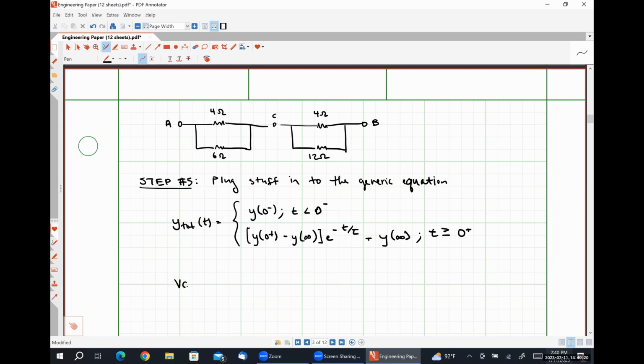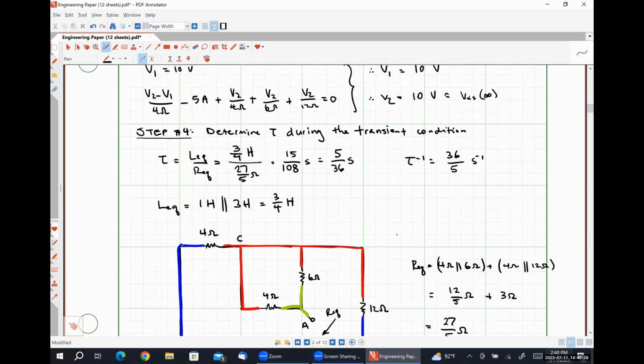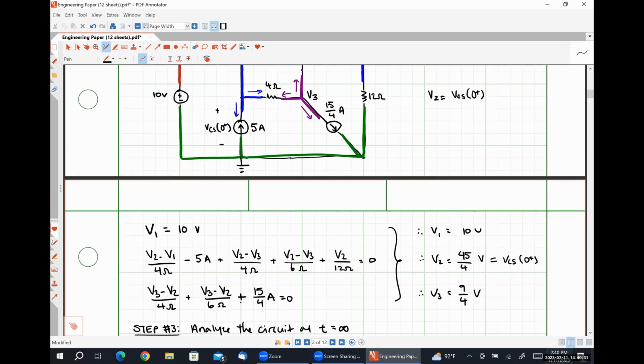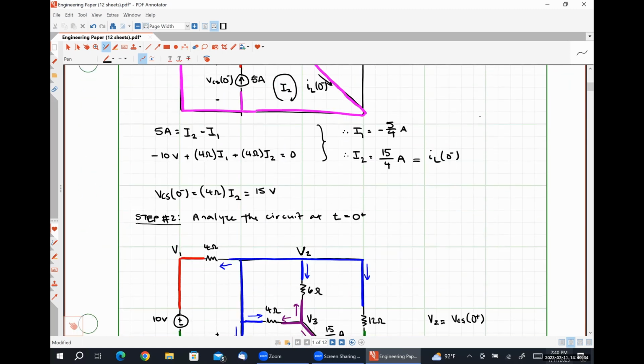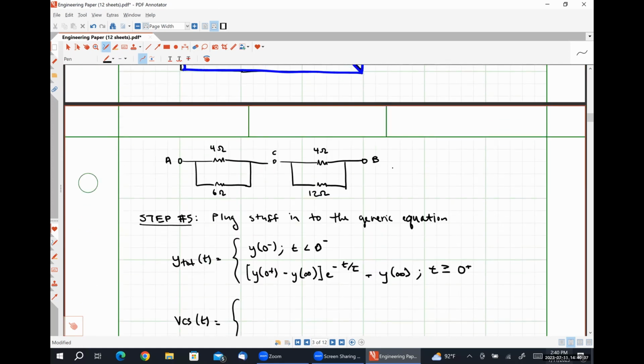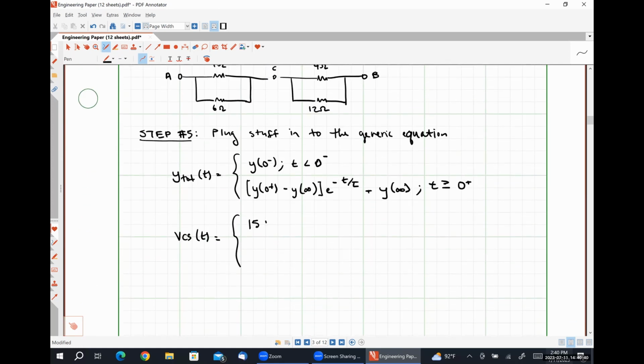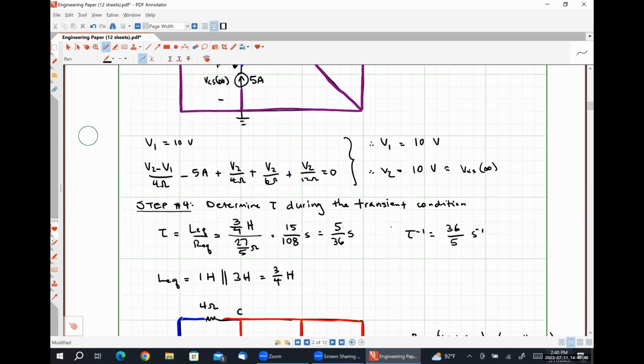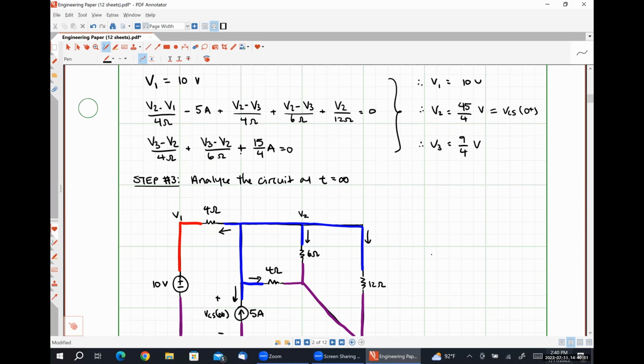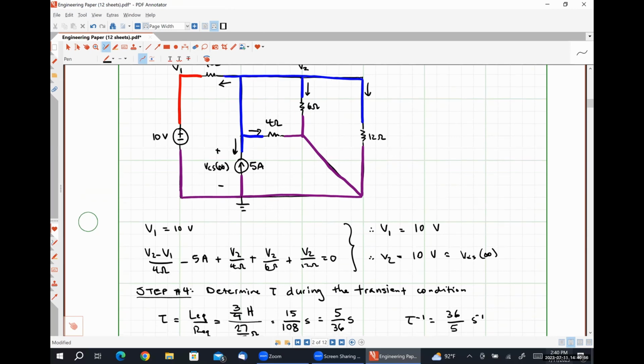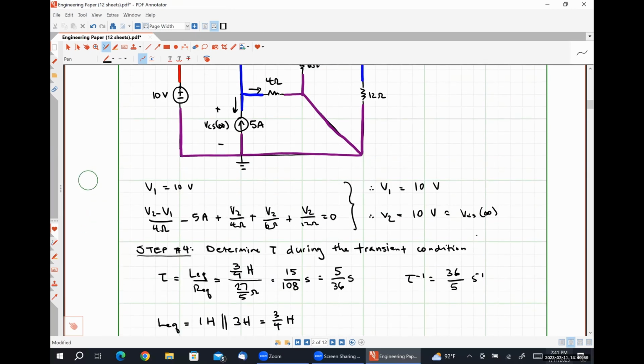So VCS of t will be, so y at 0 minus, or VCS at 0 minus was, if I'm remembering correctly, 15 volts, but let's just check here. Yep, so 15 volts, for t less than 0 minus. Y at 0 plus was 45 over 4. Y at infinity, or VCS at infinity, was 10.